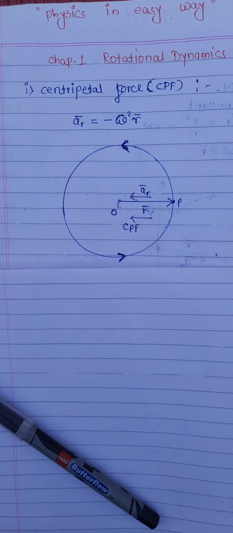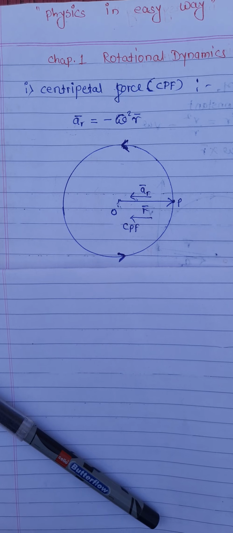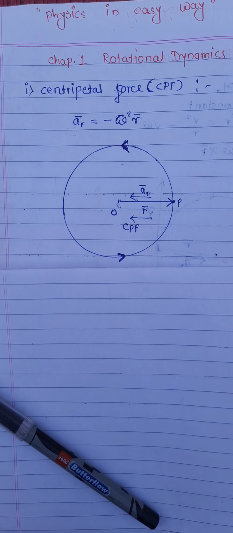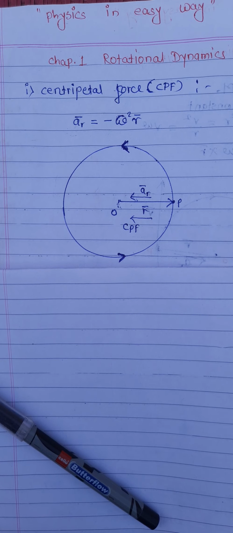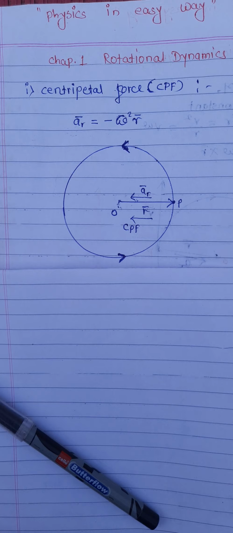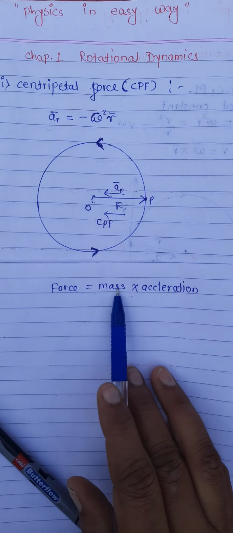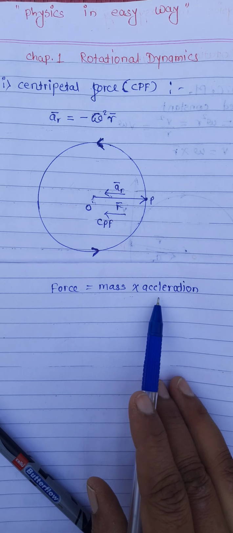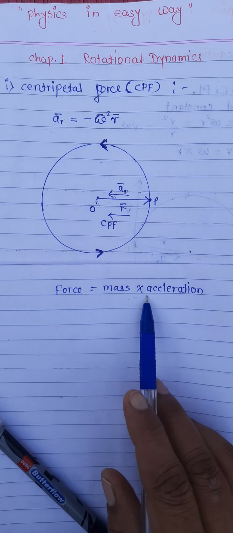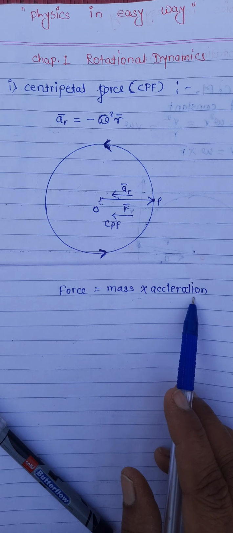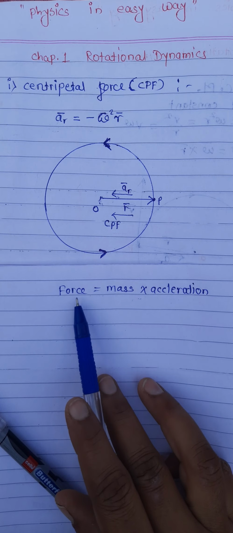Without force, no motion is possible in the universe. This circular motion is due to one type of force, that is the centripetal force. According to Newton's second law of motion, force is equal to mass into acceleration. For that, acceleration is necessary for the representation of force.